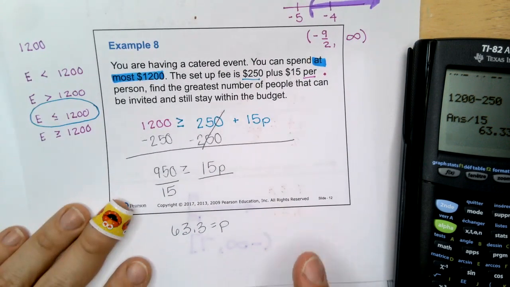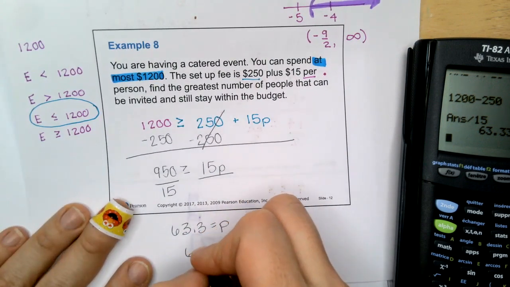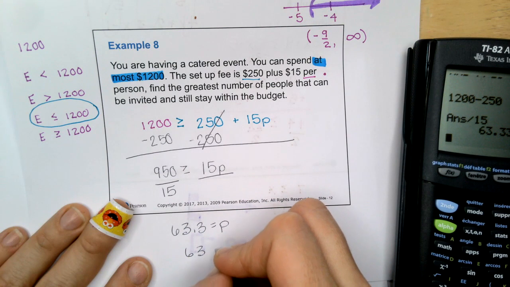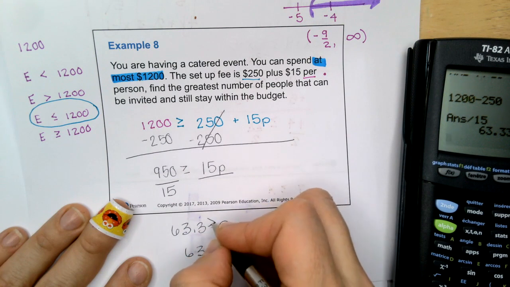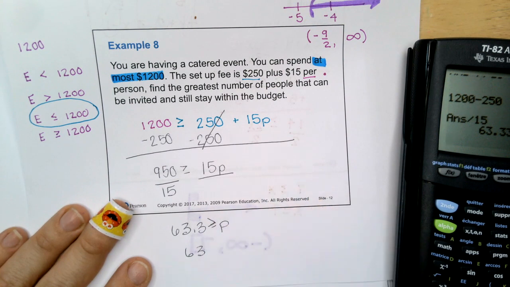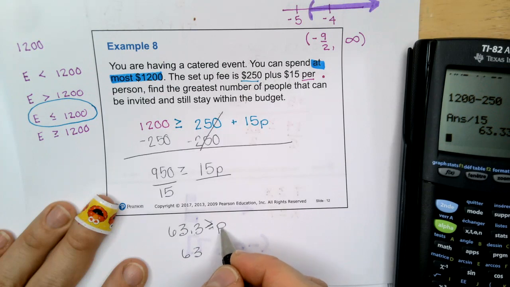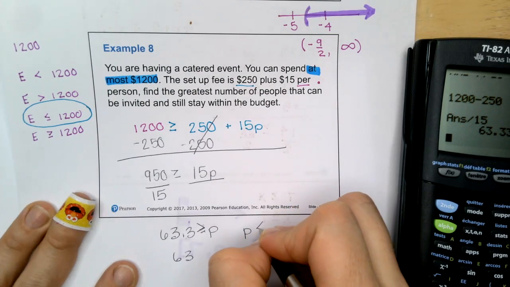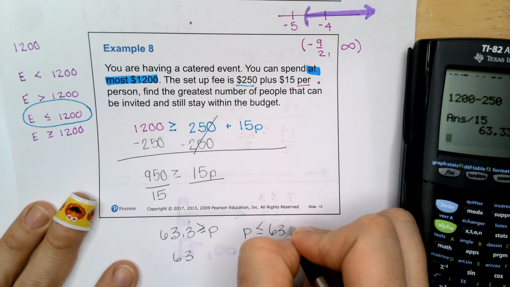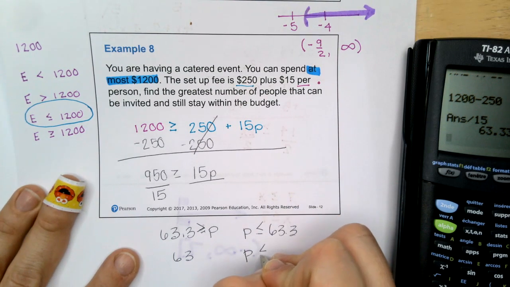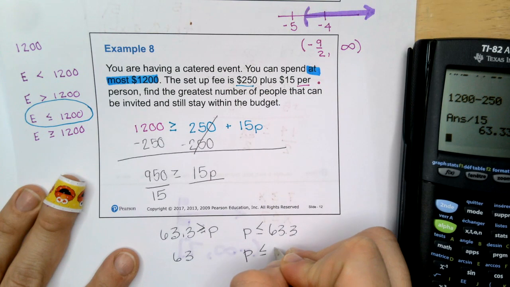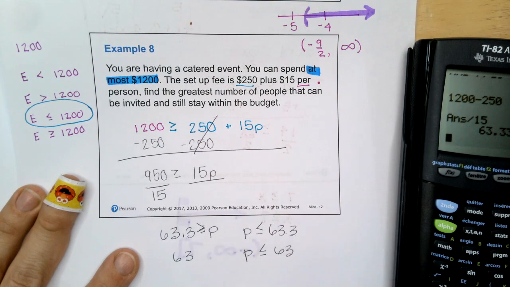So the greatest number of people is not 64, it's 63 people. 63.3 is greater than or equal to P, so P is less than or equal to 63.3. You can't invite 0.3 people. So we are going to invite exactly or less than 63 people and hope that they all come.